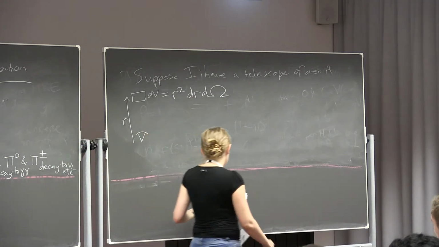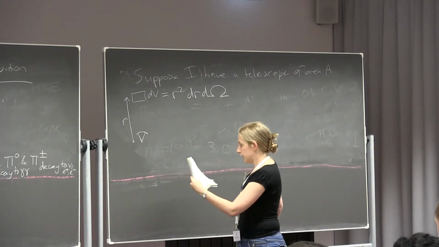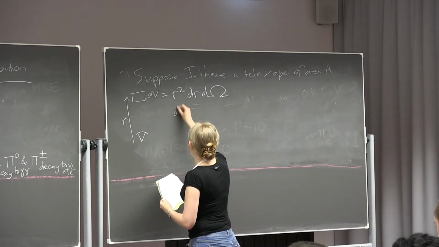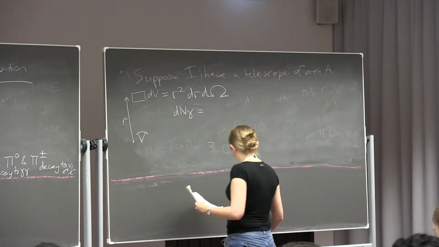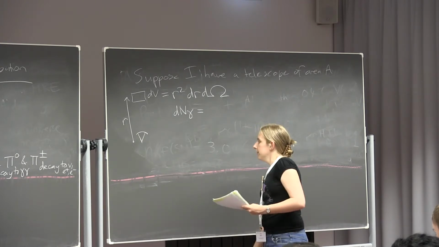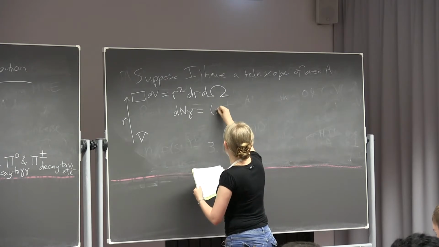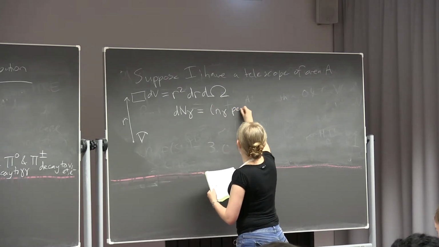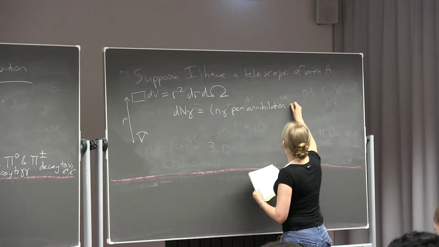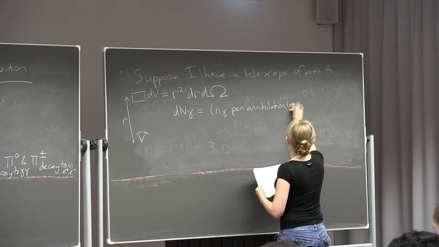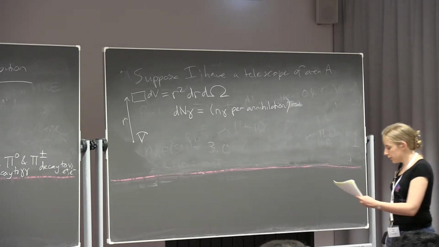So the annihilation rate in this box, the number of photons produced in this box, is going to be the number of photons per annihilation or decay. But we'll just do this for annihilation. For decay, it's pretty straightforward: just replace the rho squareds with rhos.